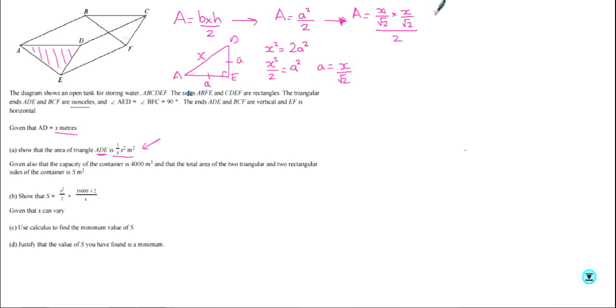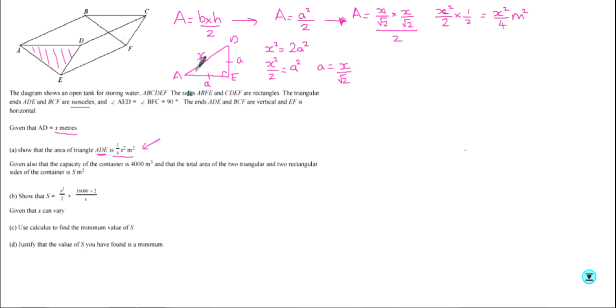So we've got X times X, so that's X squared. And root 2 times root 2 is just 2. And we're dividing that by 2, which is the same as timesing by a half, which is where we get X squared over 4 from. Okay, so there we have it. And you can put meters squared there. So I've written it in a slightly different form. You could rewrite it, but that's exactly the same thing.